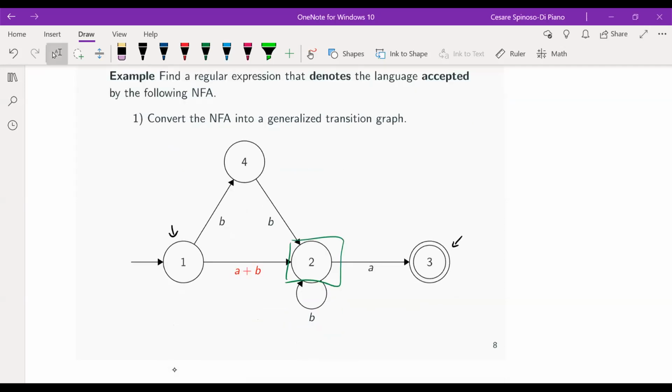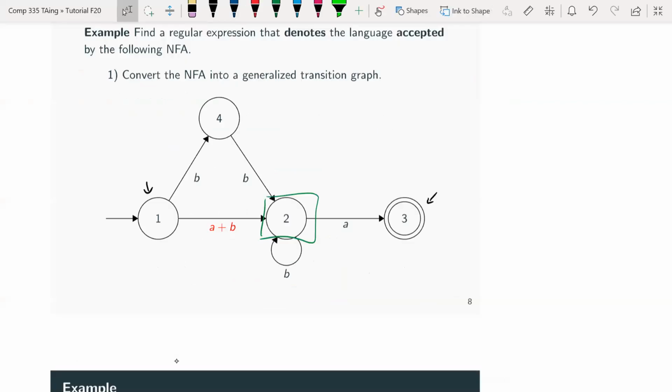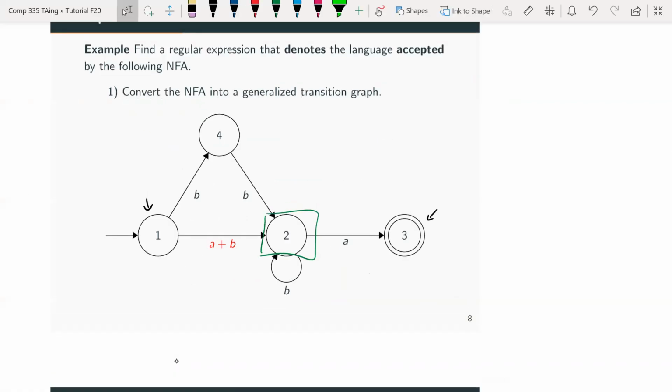Yeah, so you need to take this intermediate state 2, and you need to get rid of it. And to do that, you need to essentially list all of the transitions that go through it. So what are the transitions that go through it? Well, if you start at 4, you can go through 2 to go to 3.